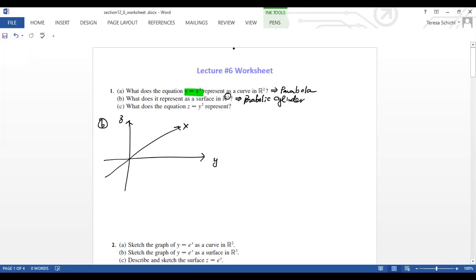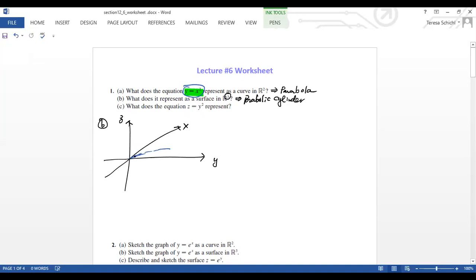Okay, so the first one, when we talk about the traces, right? We just focus on y equals x squared. So I know when you do it in the x-axis and the y-axis, what do you have here?